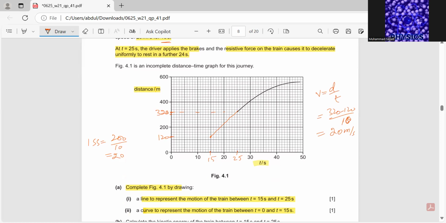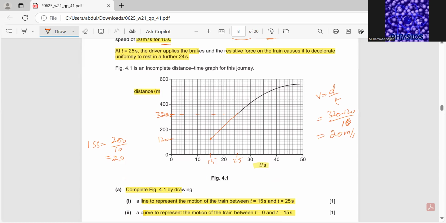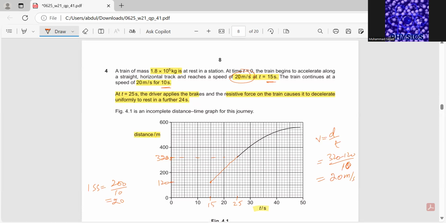Next part is easy. A curve to represent the train between t equal to 0 and t equal to 15 seconds. It is starting to accelerate from t equal to 0 till 15 seconds. Like this.